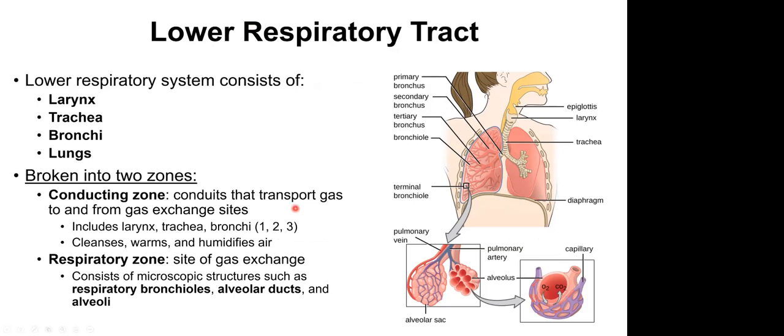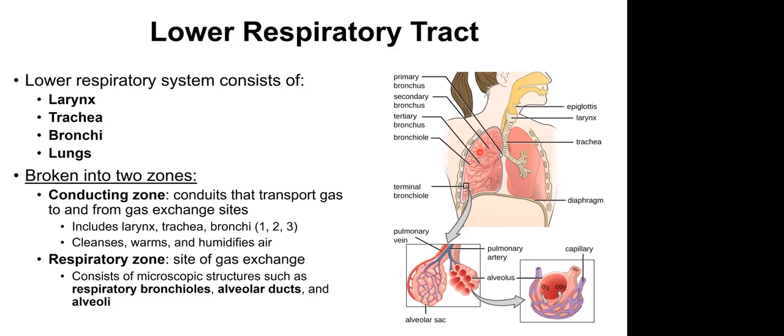First is the conducting zone, and pretty much the conducting zone is kind of like a train conductor or a traffic conductor, in that they just direct air to the functional region. So it's a conduit that transports gas to and from the gas exchange sites. Think of the larynx, the trachea, and the primary, secondary, and tertiary bronchi as being these conductors that are just trying to get air to where it's going.